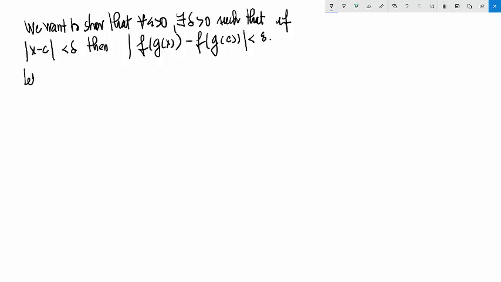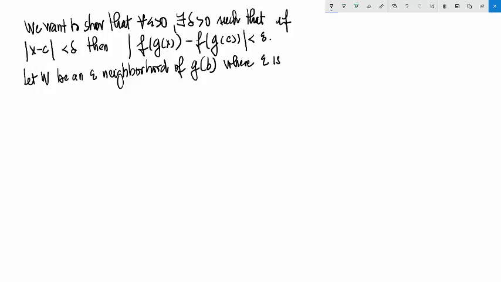So let W be an epsilon neighborhood of g of b, where epsilon is arbitrarily selected.